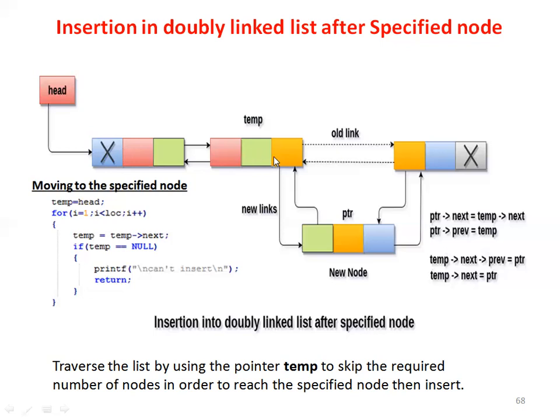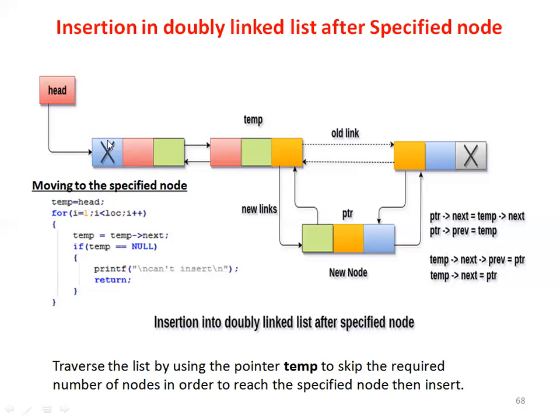Now, how to traverse? We can use a temporary pointer, temp, and then we can traverse. So you can see here, for traversing and skipping the nodes to reach the desired node position, we first start from the first node. The first node's address is assigned to this temporary pointer temp. So temp equals head.